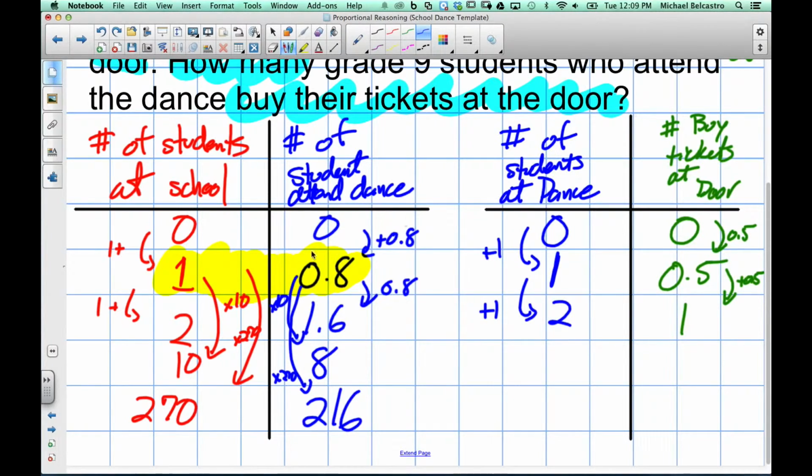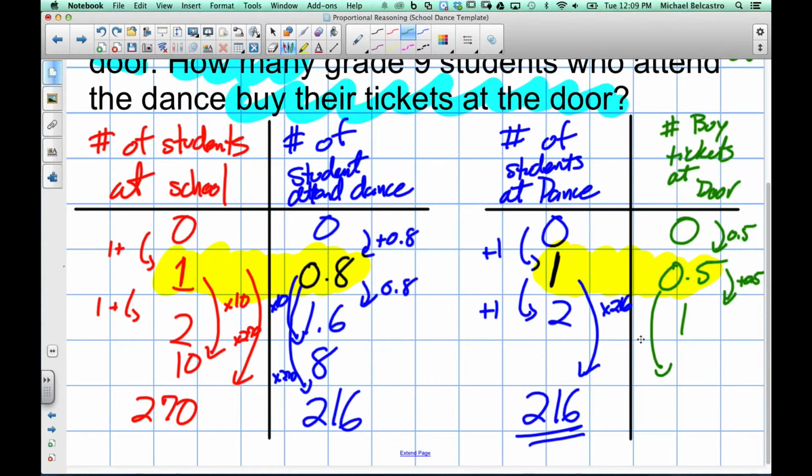This time, since we already know the trick, we don't need that third step. We know that there are 216 grade 9 students at this dance. And again, we're going to use our number 1 as our base. It seems to be very helpful as a base term. So I need to go from 1 to 216. Well, I can multiply by 216. 1 times 216 gives me 216. And whatever I did to my left, I got to do to my right.